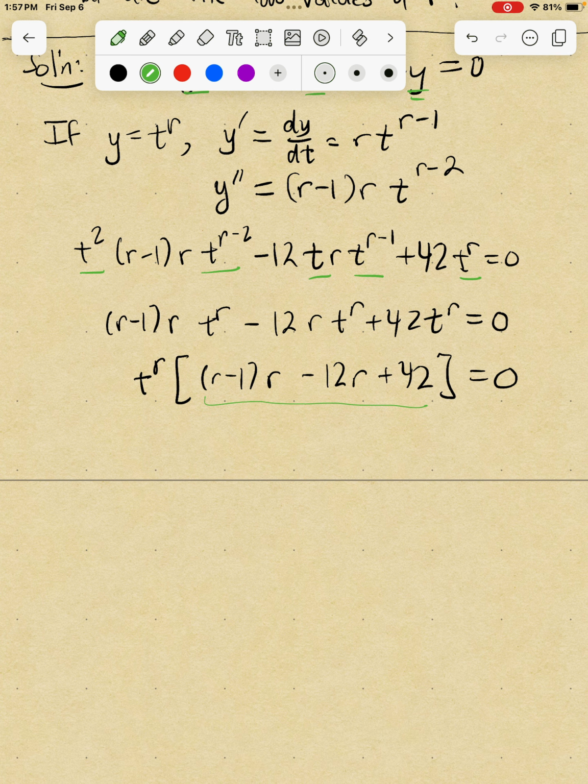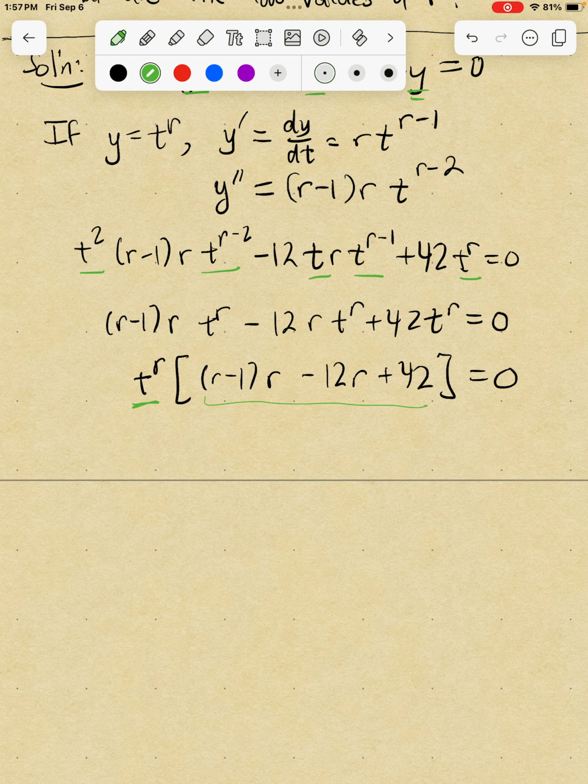Now this term here, the t to the r, that's not going to be 0 because t is just a variable. t can be lots of different numbers. And so in order for this product to be 0, no matter what t is, you need the right-hand side to be 0. Right?